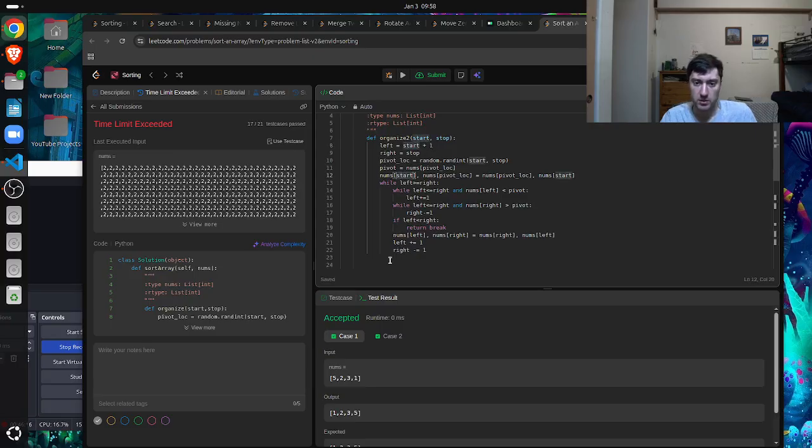Okay. So now what I want to do is nums at start, nums at, and then what is this index going to be? Left, right? And left is guaranteed to be one above, so I can index it here.